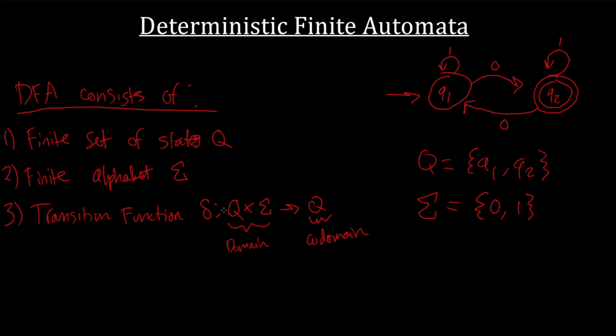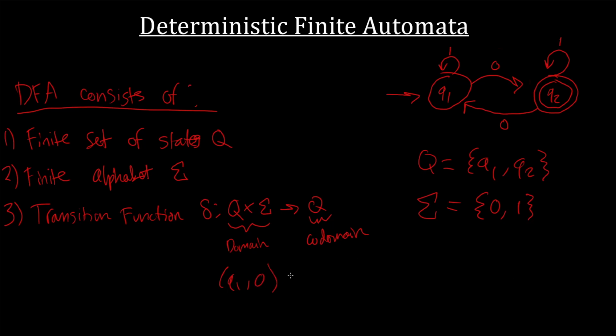Now, what the heck is Q cross sigma? Well, this X here means the Cartesian product, and the Cartesian product of two sets is all of the possible ordered pairs from each set. So an example of something in Q cross sigma from our example DFA over here would be the ordered pair Q1, 0. I drew that really bad, hold on.